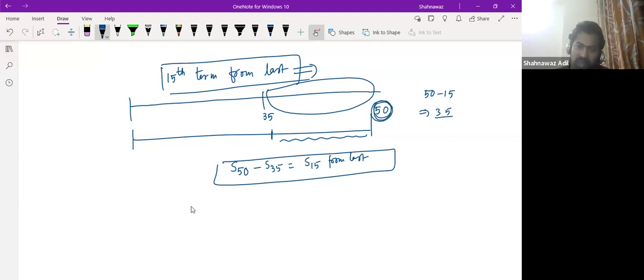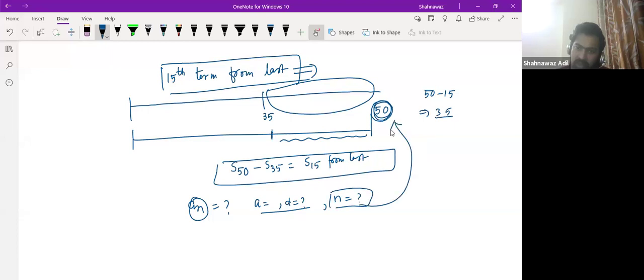Or let's say you have AN, the last term. You have AN, you have calculated A, and you have calculated D. Then you can again calculate N. Once you calculate N, you are back to the previous approach and can calculate up to 50.